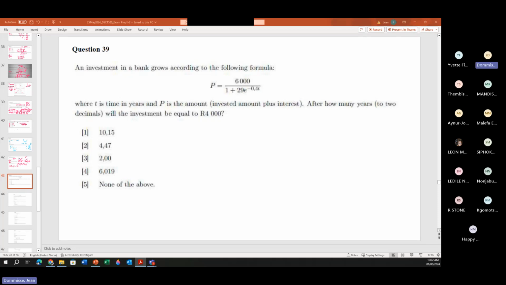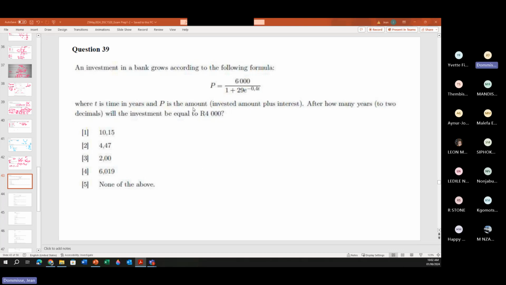Okay, so let's look at this question. An investment in a bank grows according to the following formula, where T is time in years and P is the amount invested, amount plus interest. After how many years, to 2 decimals, will the investment be equal to 4,000?